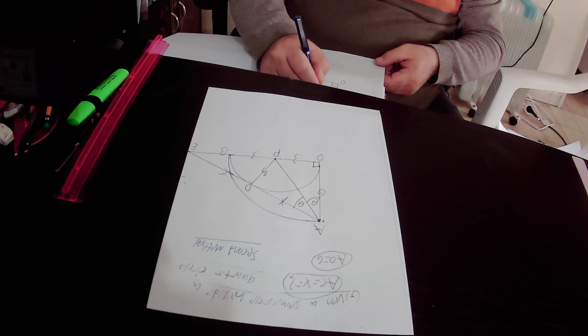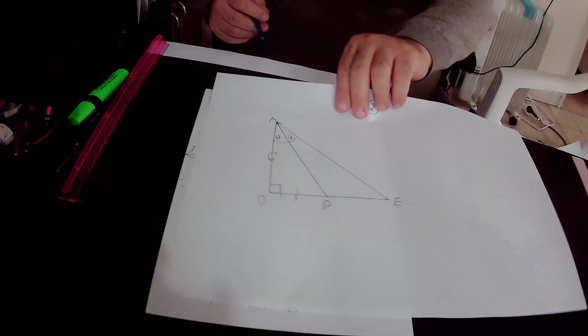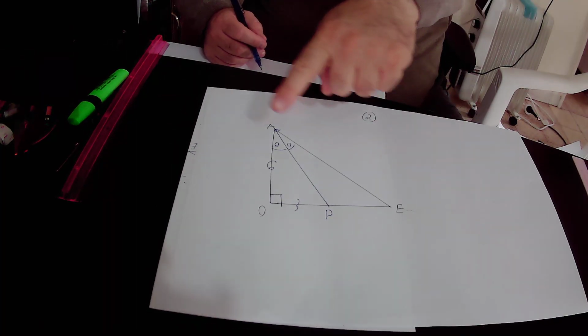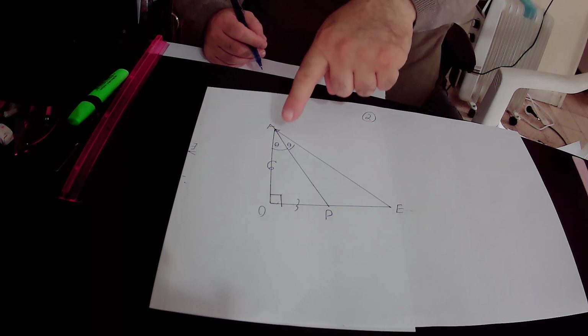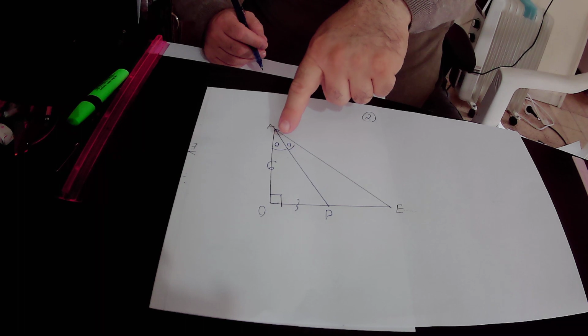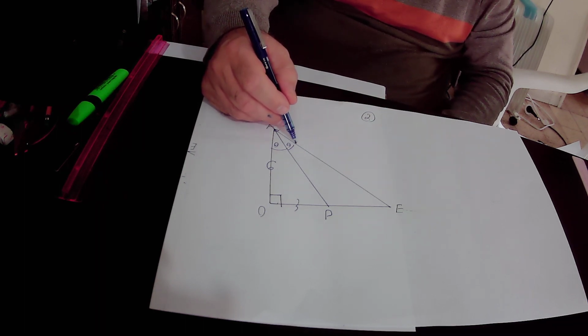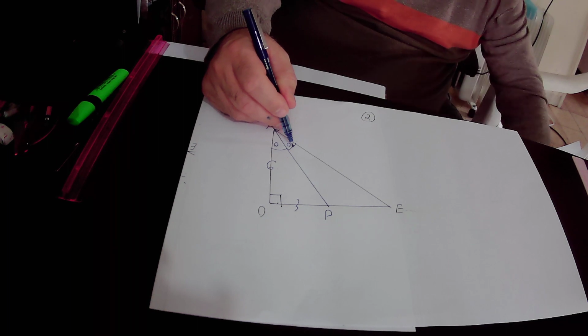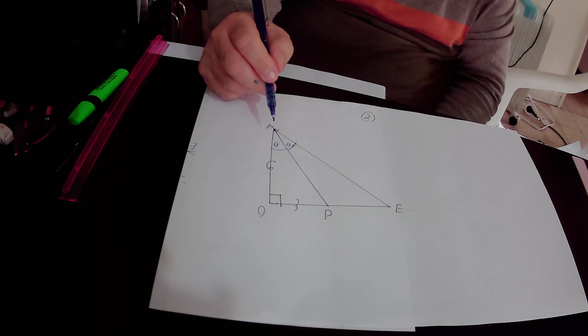Because line segment AP bisects angle OAE into two halves, each half equal to theta. Therefore, we can implement the angle bisector theorem in this triangle AOE.